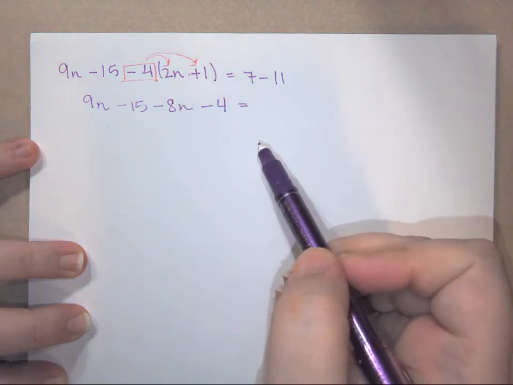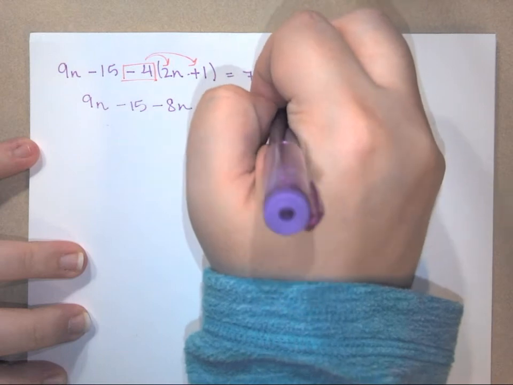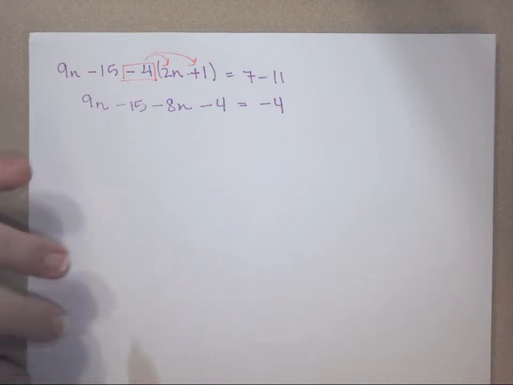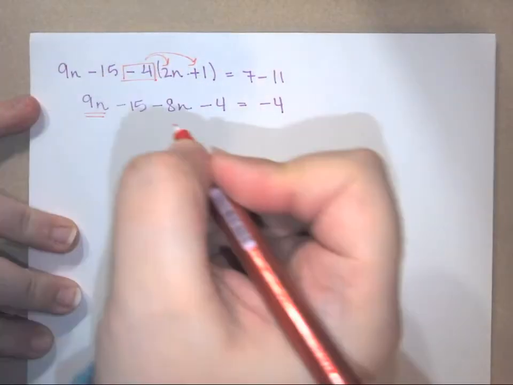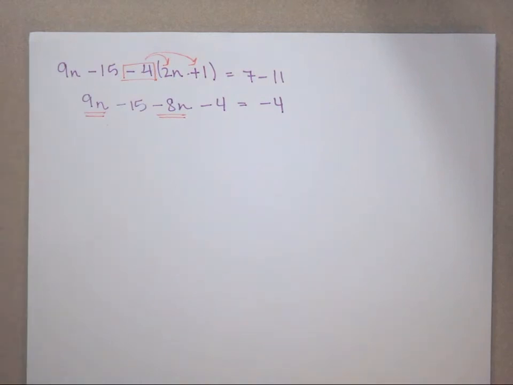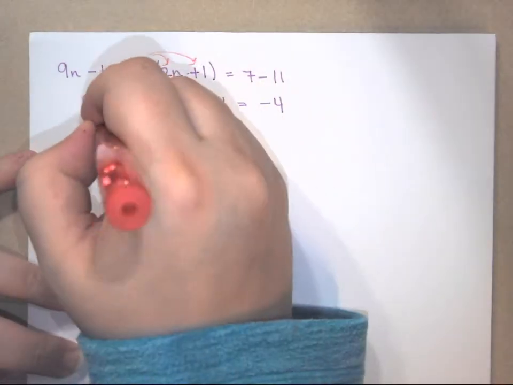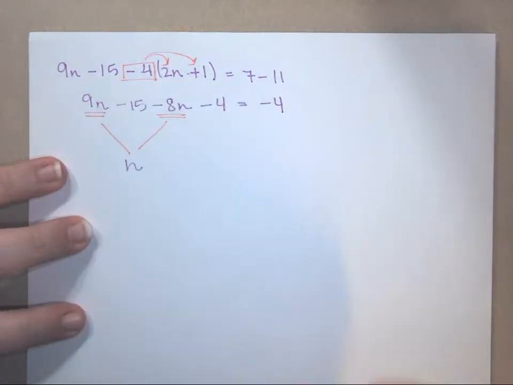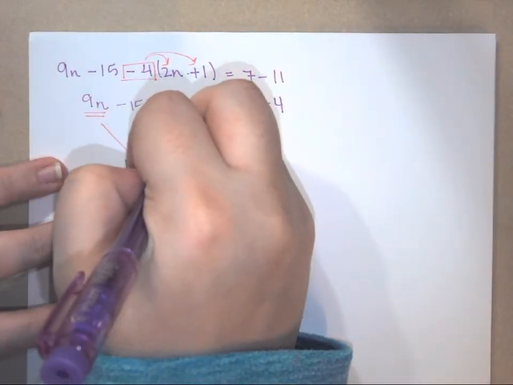And so here, we're going to have my 9n minus the 15, because we haven't done anything with that yet. This negative 4 distributes through, so this becomes minus 8n minus 4. And of course, on this other side, we can quickly do the math. 7 minus 11 is negative 4.